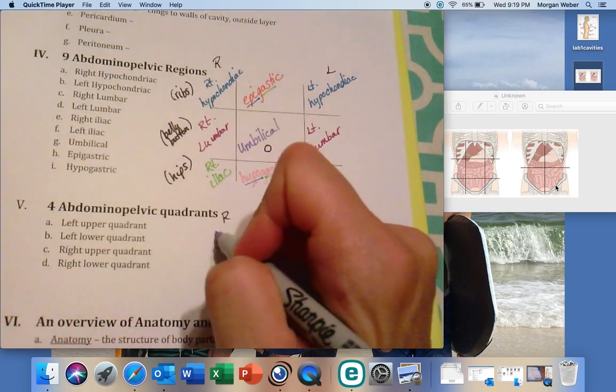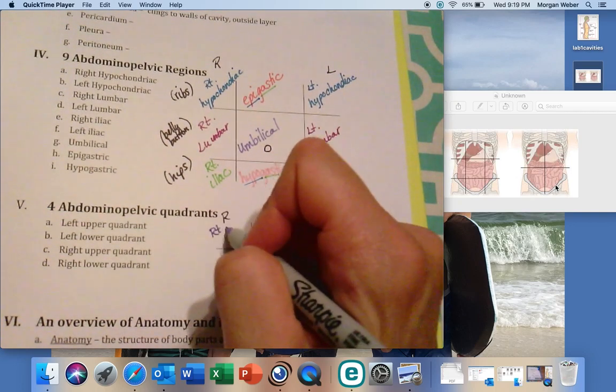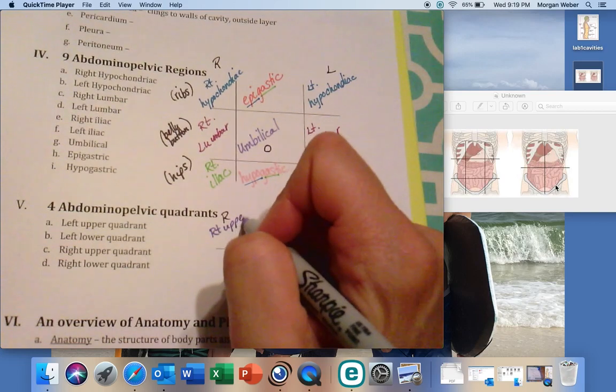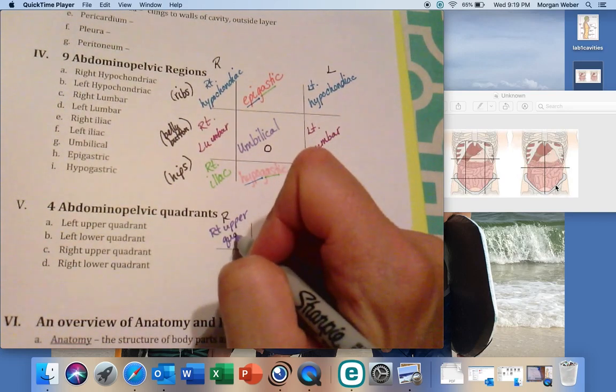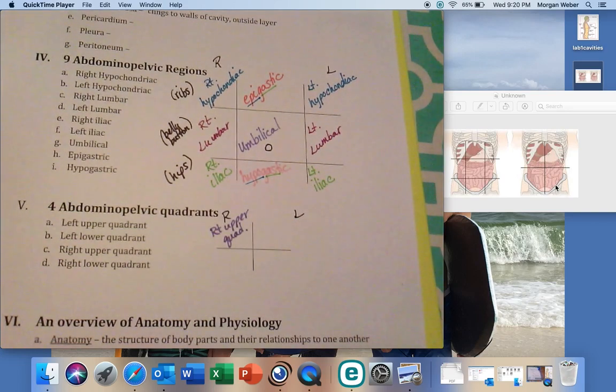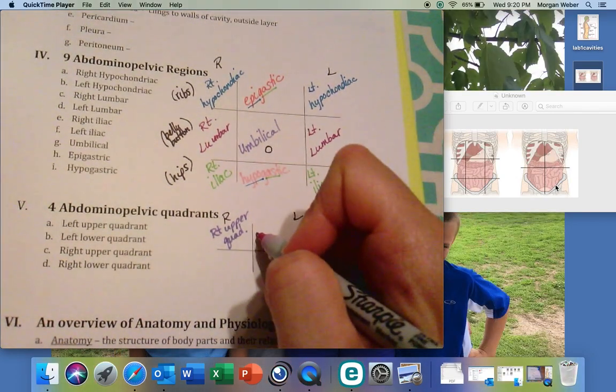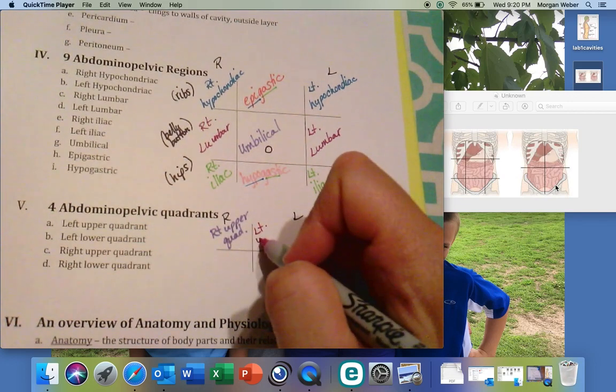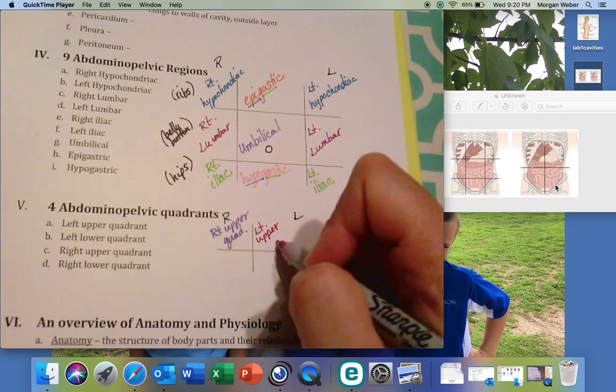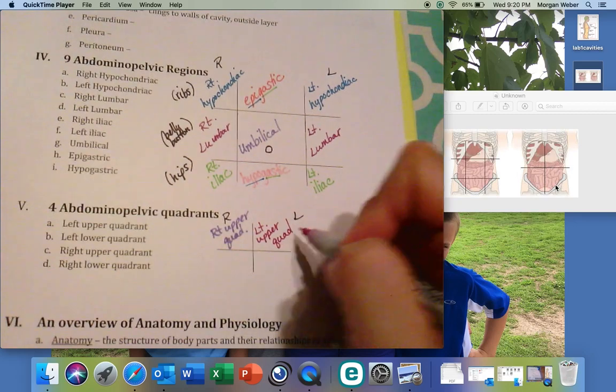So we have here right upper quadrant. We have left upper quadrant.